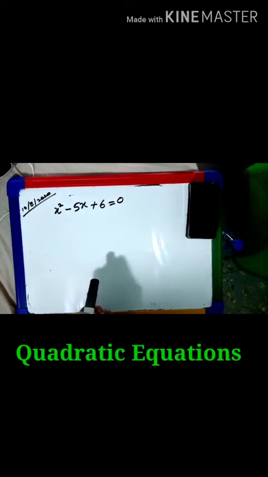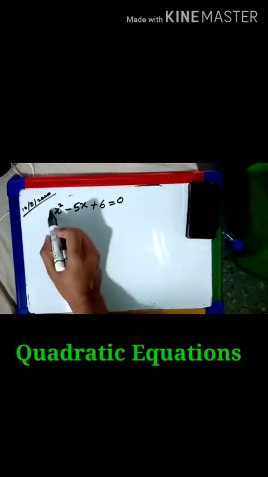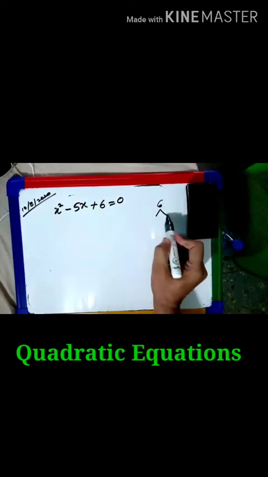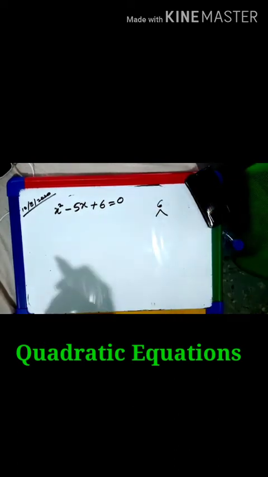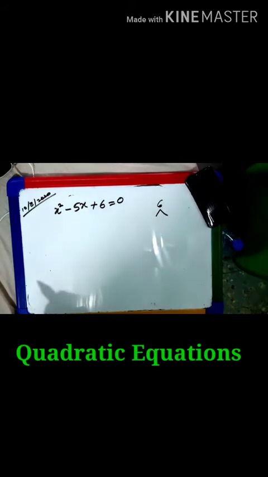First step is what? Which number I have to break? 6. Yes, 6 ones are 6, because here is 1, right? If nothing is there, so means 6 ones are 6.